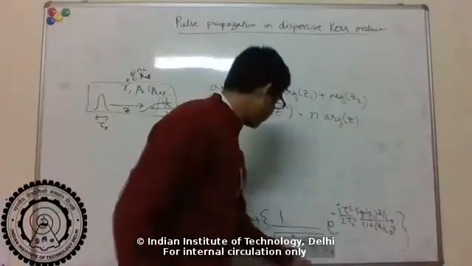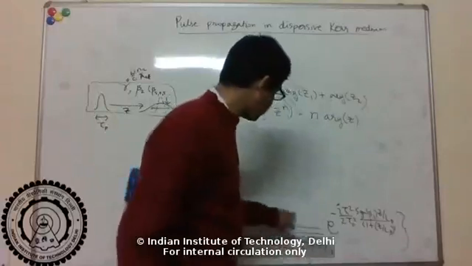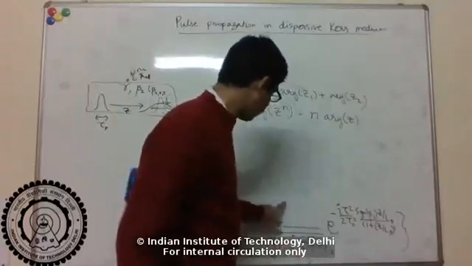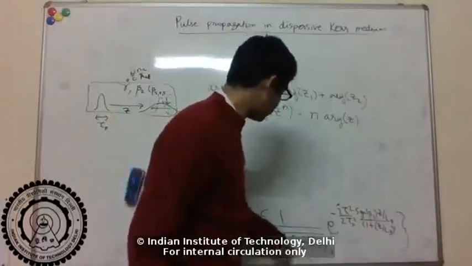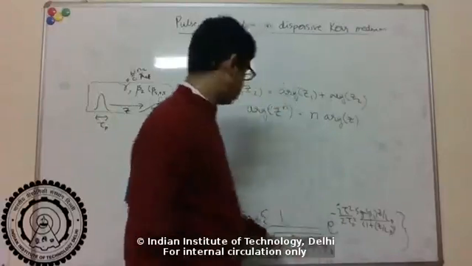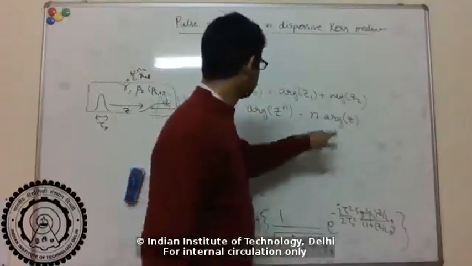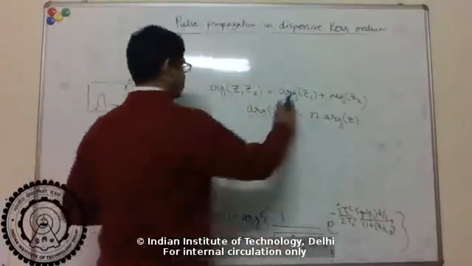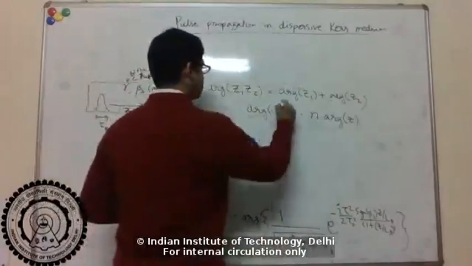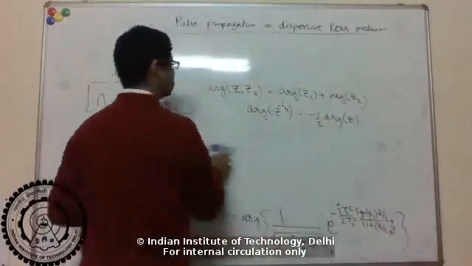So here we use that property. We have some complex number raised to the power minus half, so we can write this as 1 minus i sine of beta 2 z over LD raised to the power minus half. So the argument of that will be minus half times the angle.